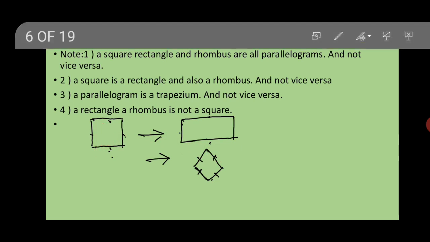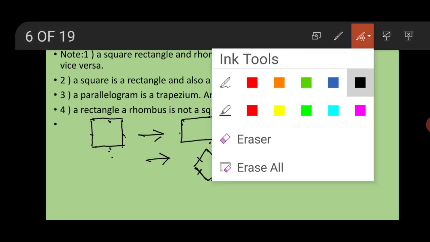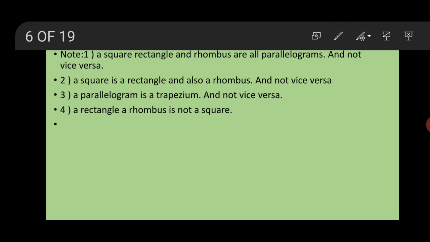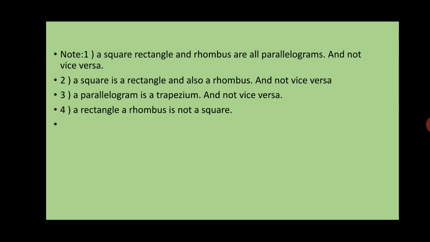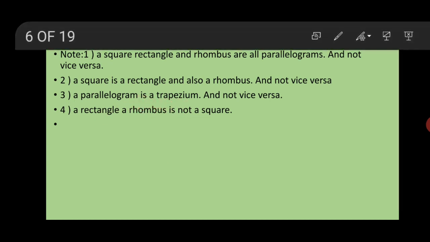Right? Now next let us see the third note. What's that? A parallelogram is a trapezium. Write down a parallelogram. This is a parallelogram. Is it a trapezium?